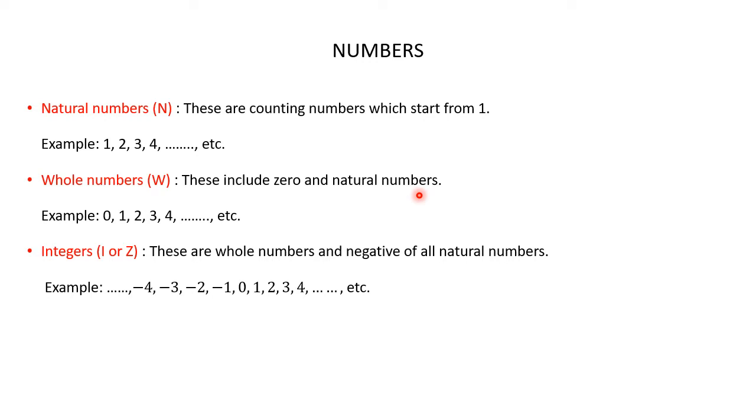Whole numbers include 1, 2, 3, 4, 5, 6, 7, etc. along with 0. Integers are whole numbers and negative of all natural numbers. That is, integers include 0, 1, 2, 3, 4 and negative numbers of all the natural numbers like minus 1, minus 2, minus 3, minus 4, etc.